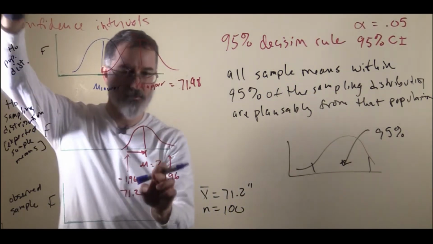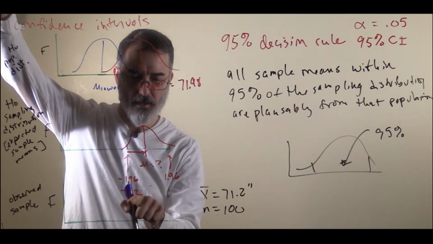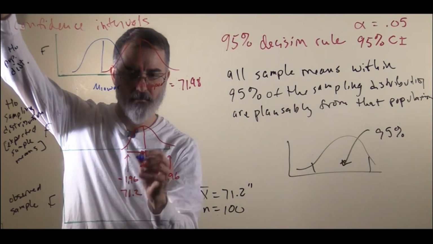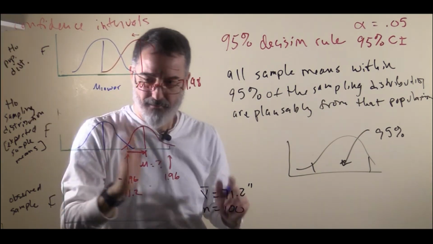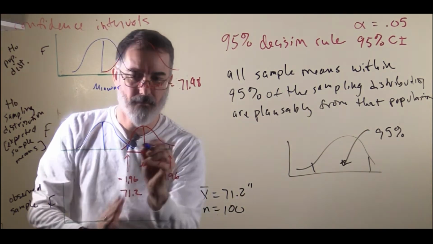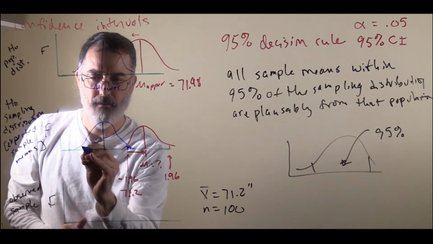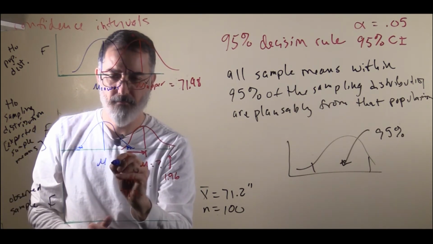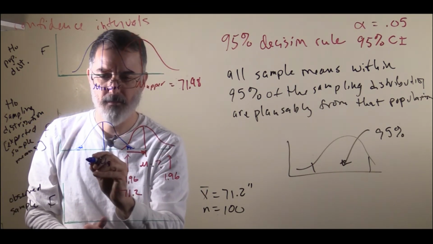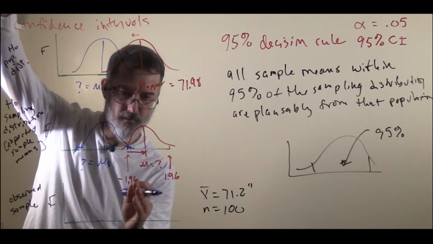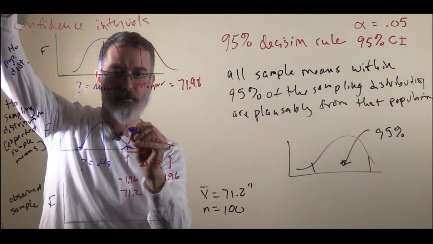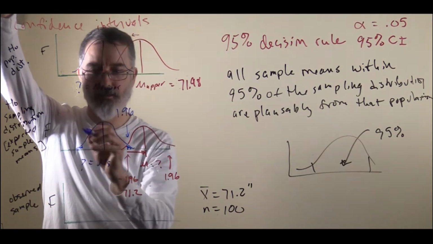For this, we would also draw our sampling distribution, and now we're going to have our sample mean be at the upper edge of the critical region. Here, we're trying to figure out what this is, and we know this critical value on the top is 1.96.